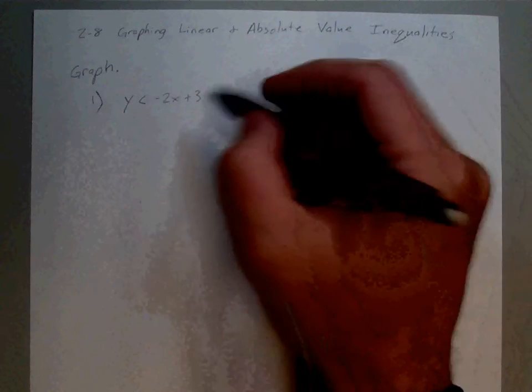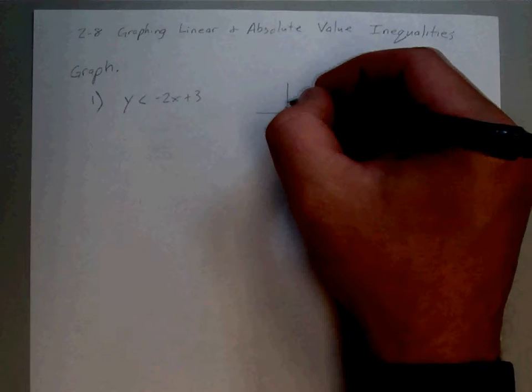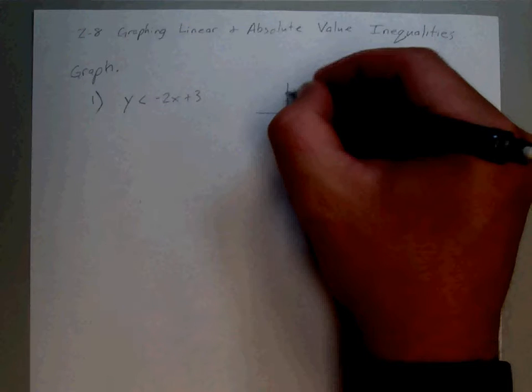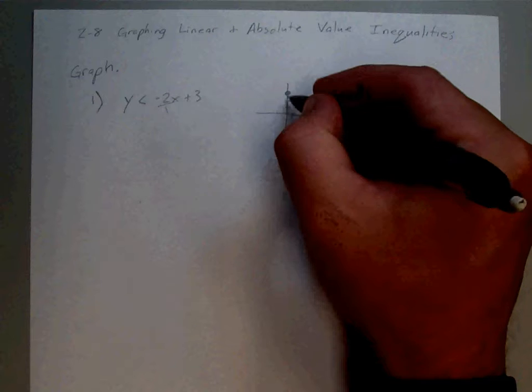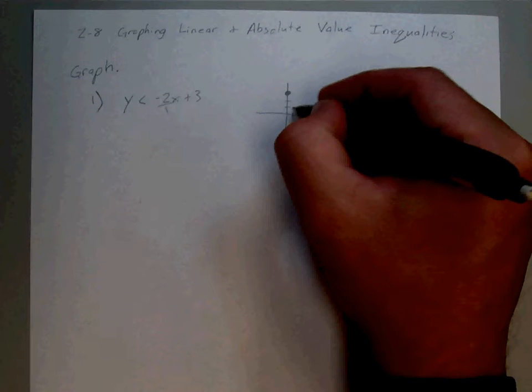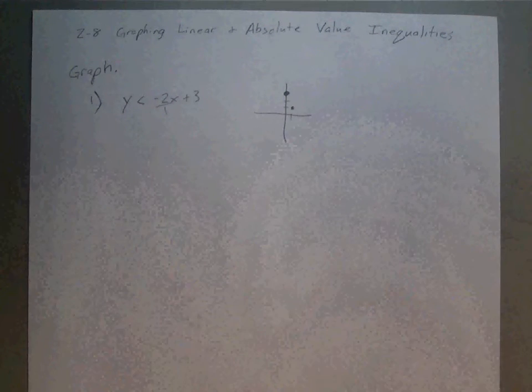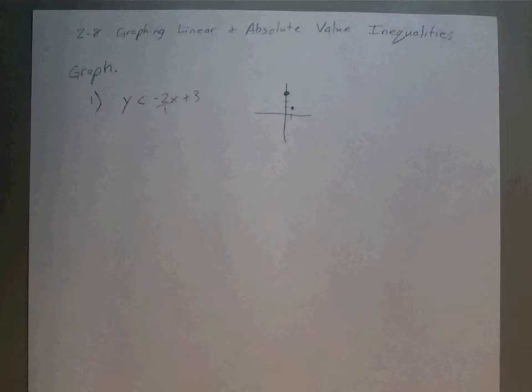As I go to graph that, it has a y-intercept of positive 3. And the slope is negative 2, so that's like negative 2 over 1. So go down 2 over 1. Okay, we know it's linear. If it's linear, 2 points are enough to know that we can draw a line. So I'm going to connect those points.